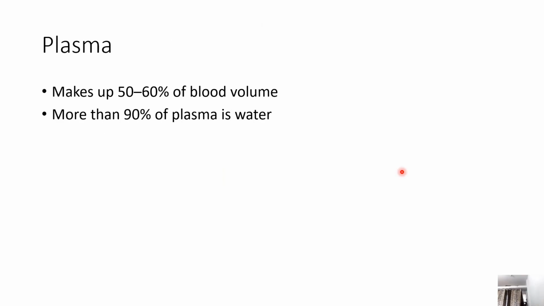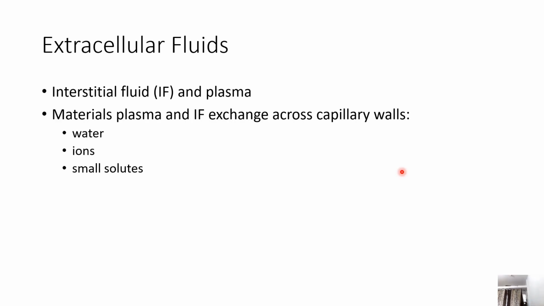We know about the plasma, which makes up 50 to 60% of blood volume. More than 90% of the plasma is actually water, it's the aqueous base. Water, extracellular fluid, interstitial fluid, and plasma: materials in plasma and IF exchange across capillary walls, like water, ions, small solutes, etc.